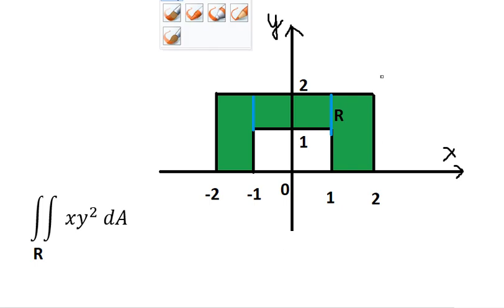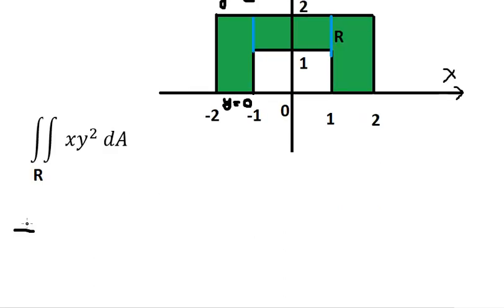For the first one, from negative 2 to negative 1, we know that this line in here is y equals 2, and this line in here is y equals 0.